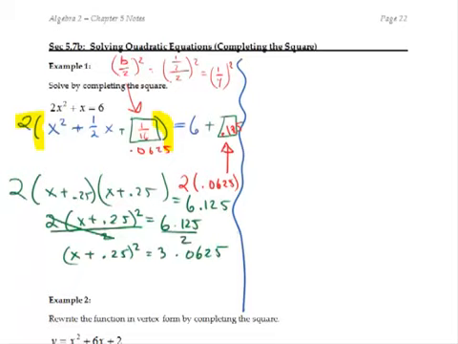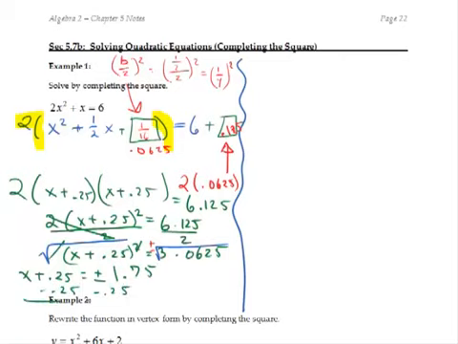We bring in our square roots, and again, we have a plus or minus in front of that square root. So we end up getting x plus 0.25 equals plus or minus the square root of that number, which is 1.75. Go ahead and subtract that 0.25 over to both sides.